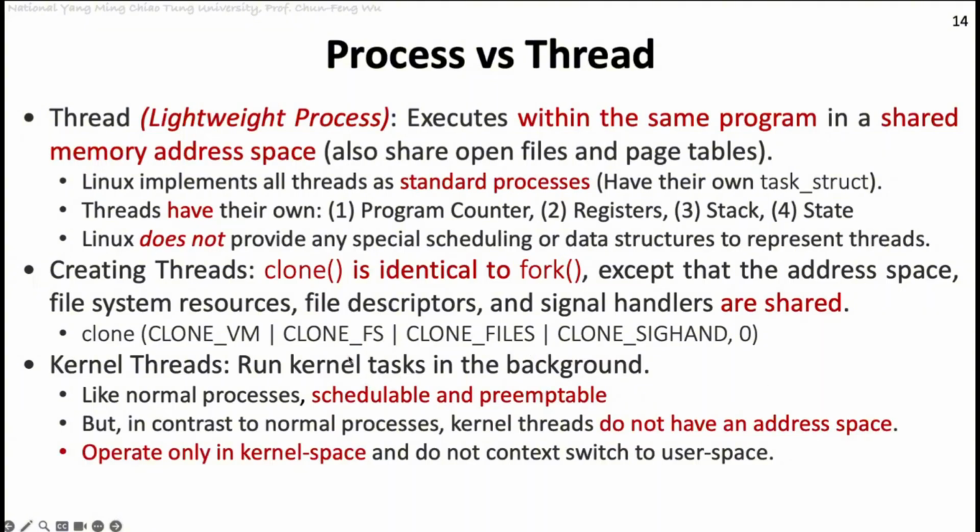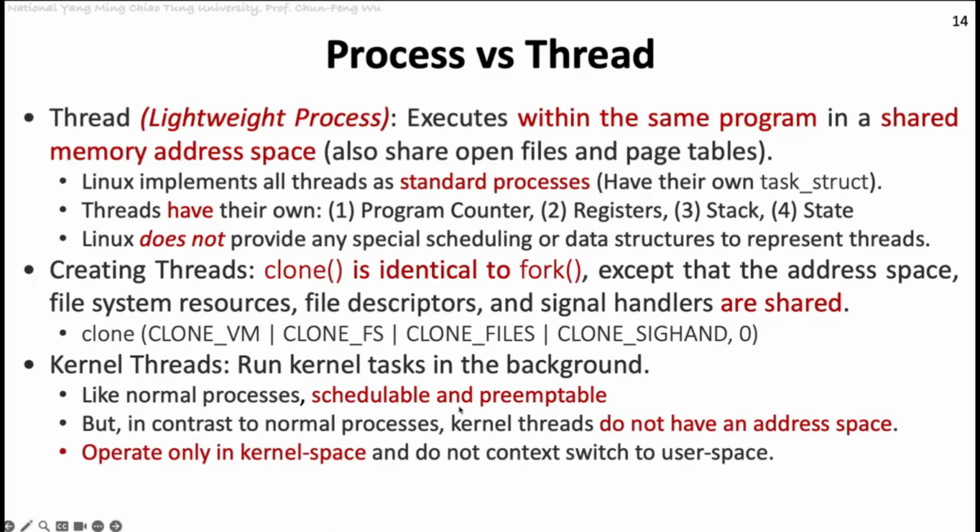Because it is a kernel task, kernel threads do not have a user address space, only their own kernel address space. But just like normal processes, kernel threads are schedulable and preemptible. They can be scheduled just like a normal process, and they can be preempted by other kernel threads, for example.